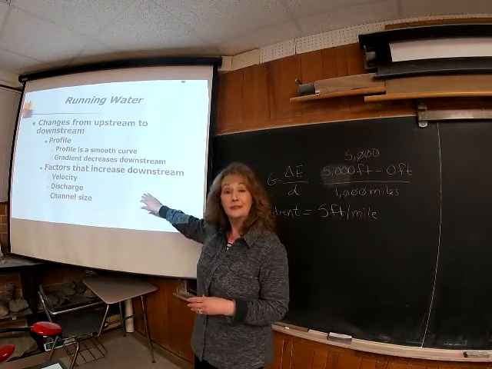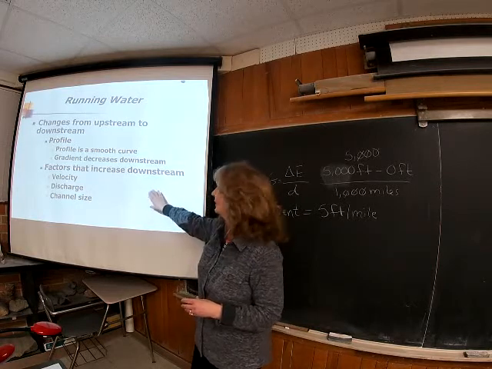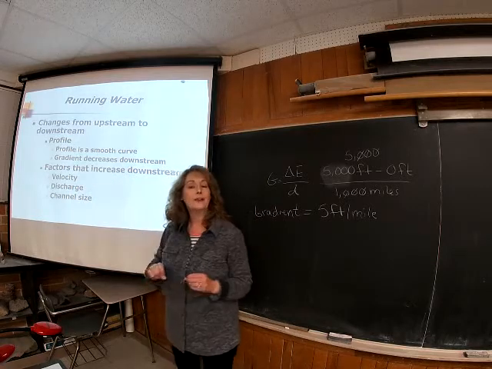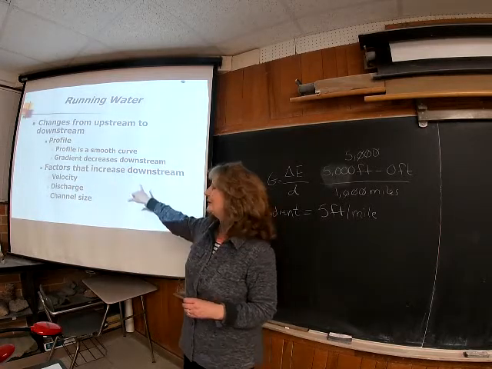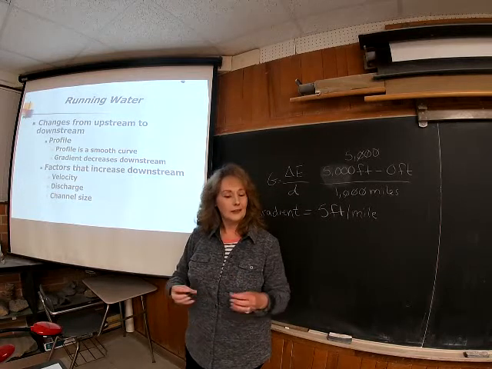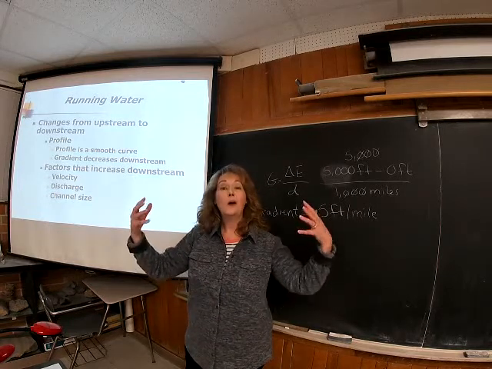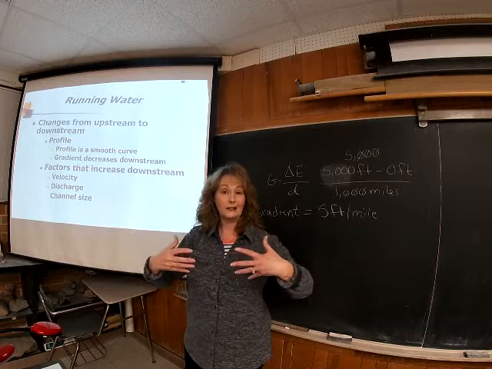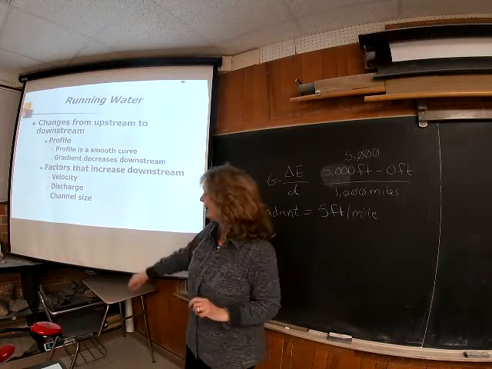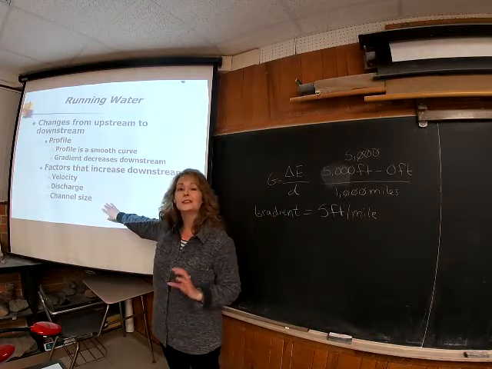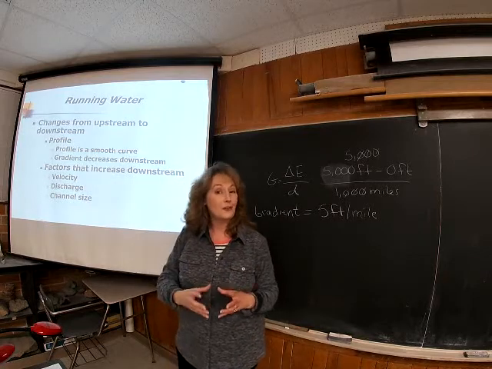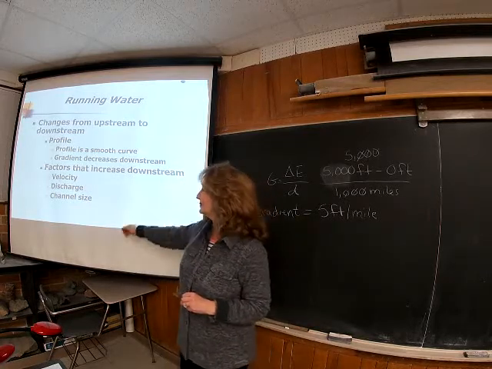But some things do increase as you go downstream. It might be counterintuitive to think that velocity is actually going to increase downstream. But think about all those tributaries coming in and feeding into the main channel. Your channel size actually gets larger as you go downstream, so there is more volume of water downstream.